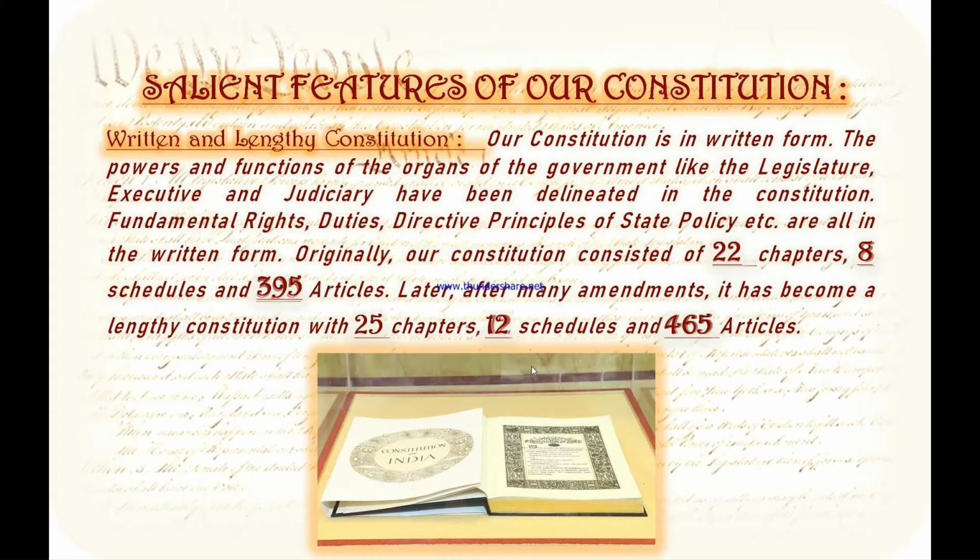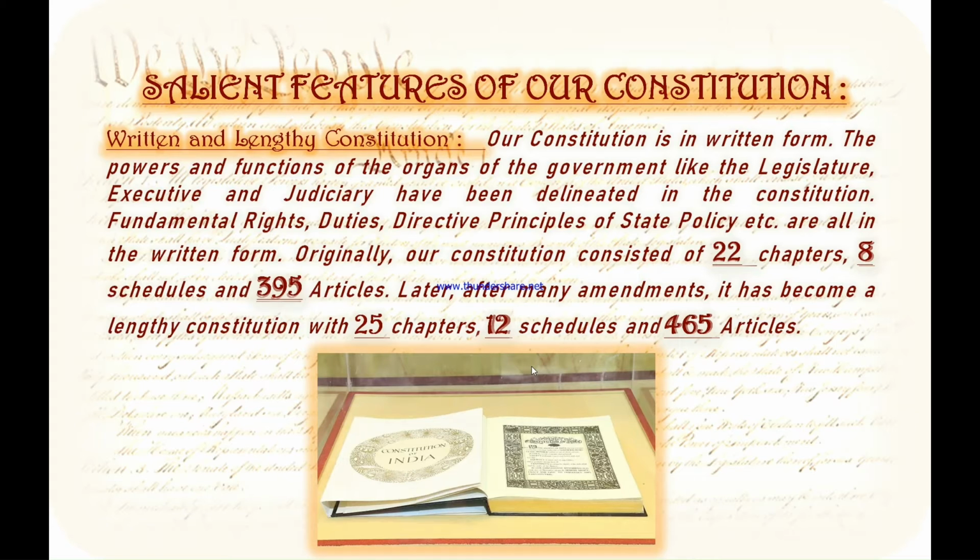Our constitution is in written form. The powers and functions of the organs of the government like legislature, executive and judiciary have been delineated in the constitution. Fundamental rights, duties, directive principles of state policies, etc. are all in the written form.